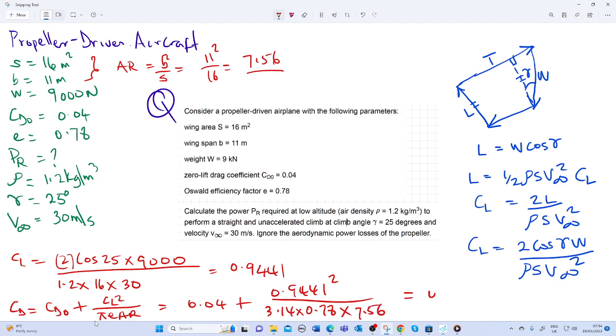That gives us 0.0881. Now that we have found the true value of CD, now let's find the drag force.